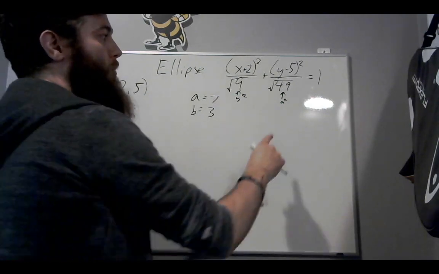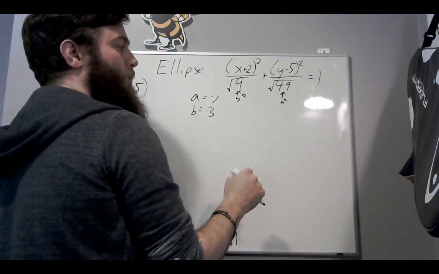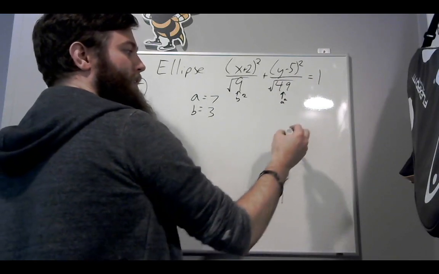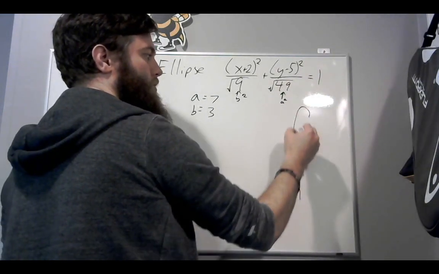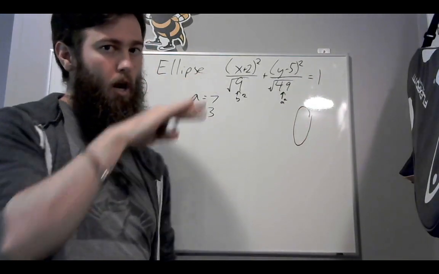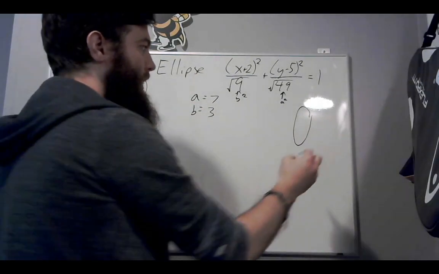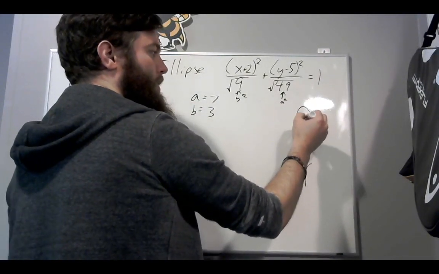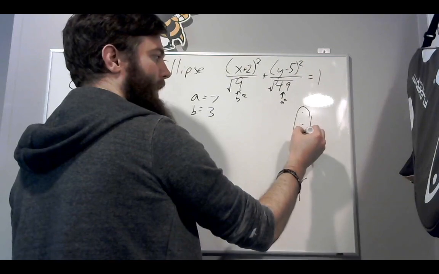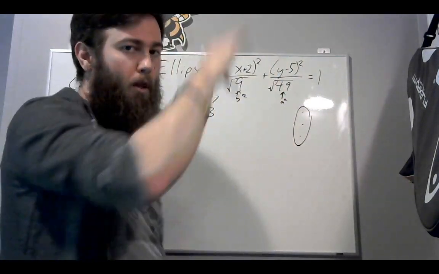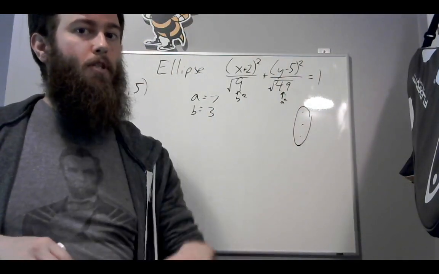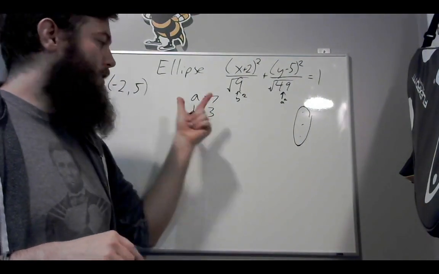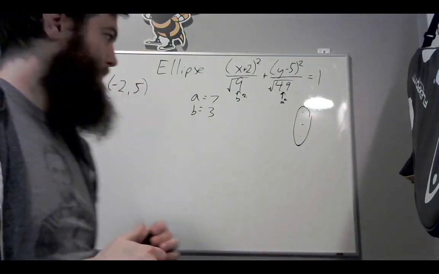So also I know because my a is going to be underneath my y, this is going to be a vertical ellipse. So this is going to be one of the taller ellipses, which means that from my center, both my focus and my major axis endpoints are going to be above and below it. So that means to move up and down, we're going to be using our a and b values to help us do that.